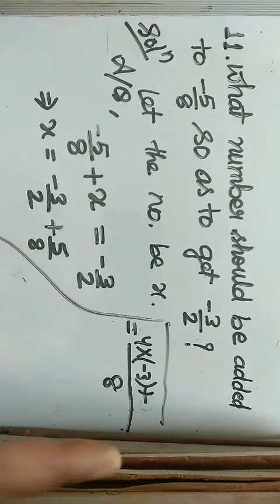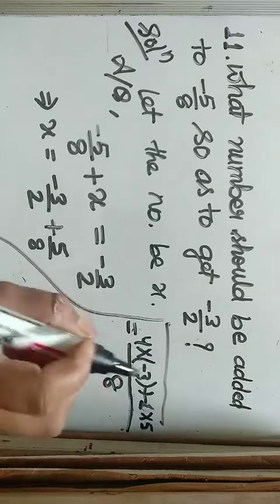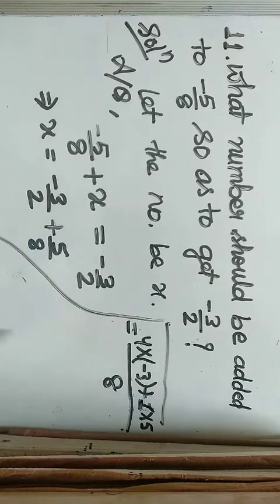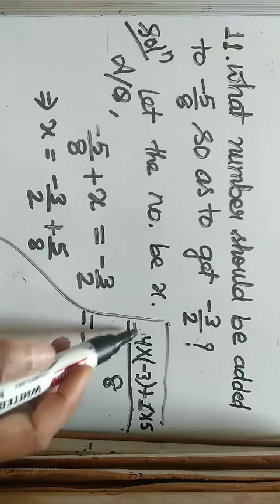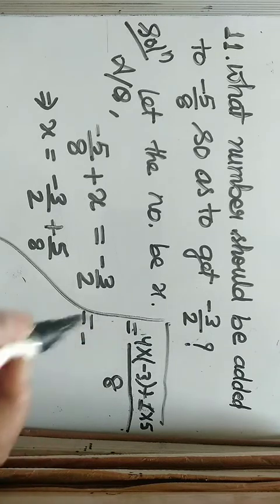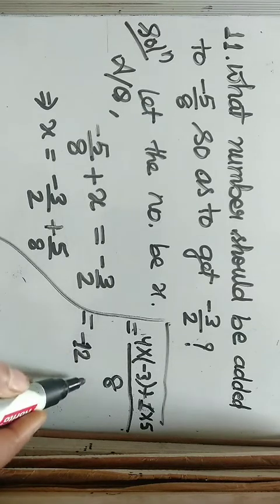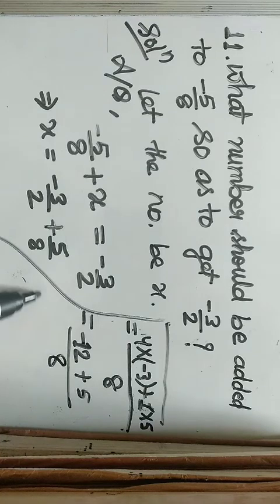In the 8 table, 8 comes in 1 time. So 1 into 5. So now this one is plus and this one is minus, so plus minus minus, 4 3s are 12, plus 5 1s are 5 by 8.